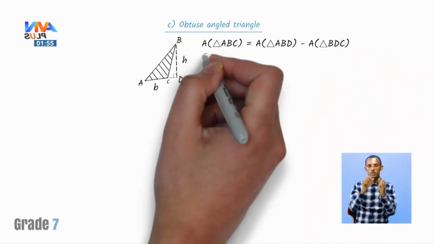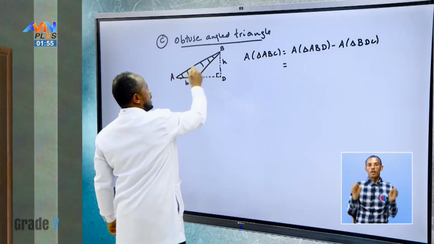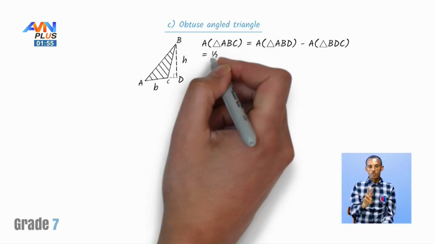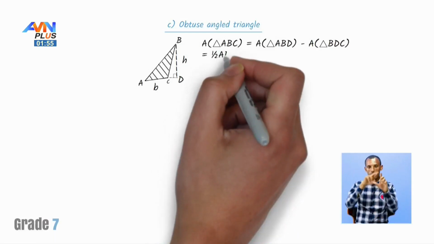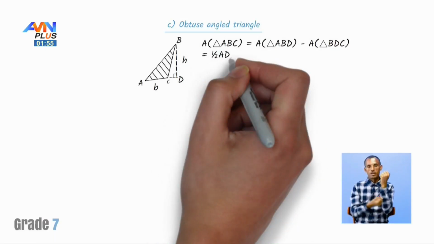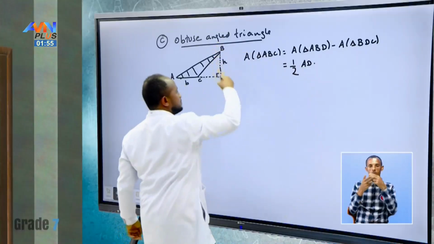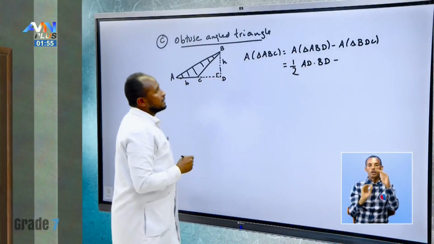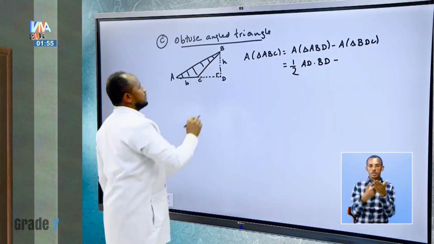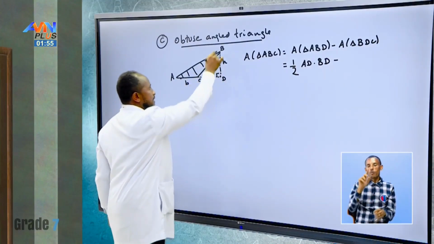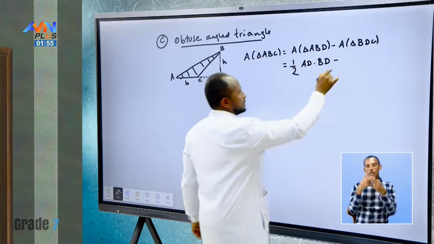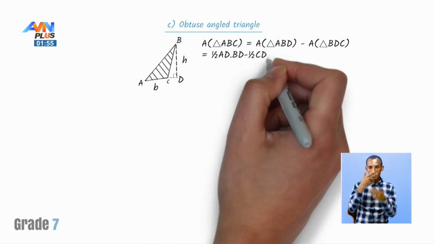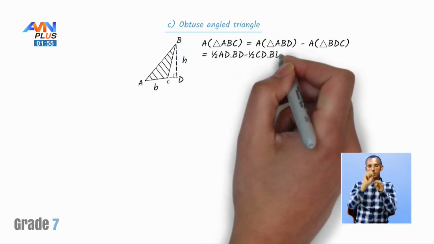So this will be equal to the area of triangle ABD, which is half times, since it's a right angle triangle, the base AD times the height BD, minus the area of this triangle, which is half times CD times BD.